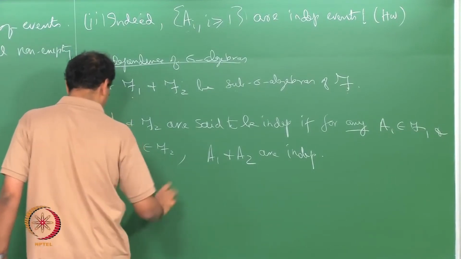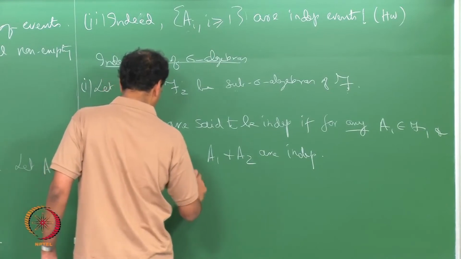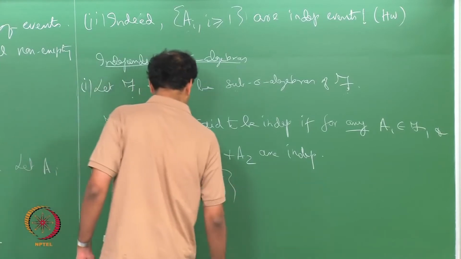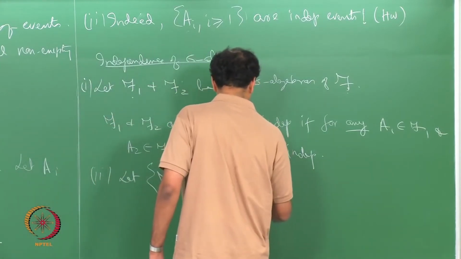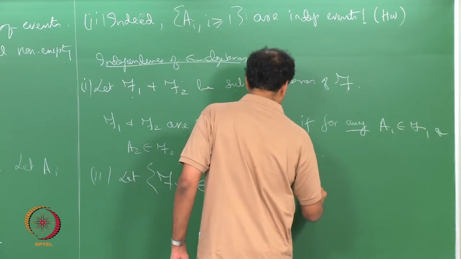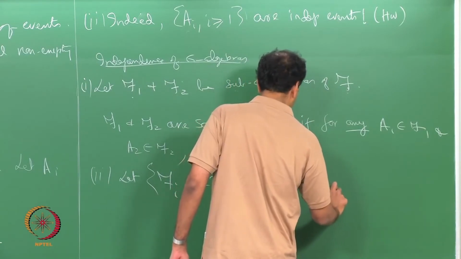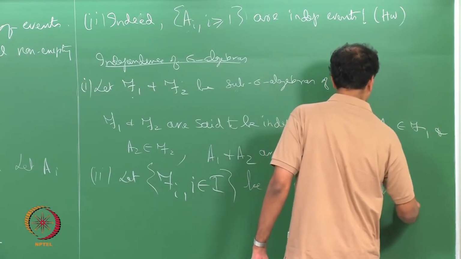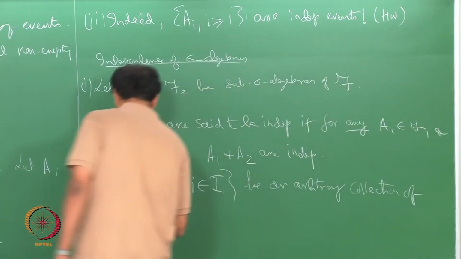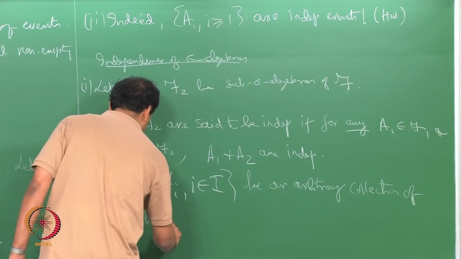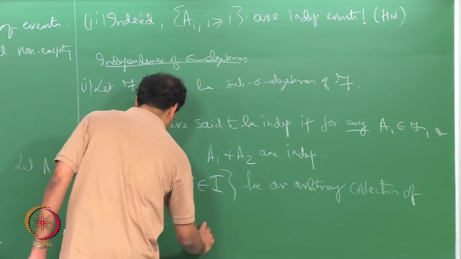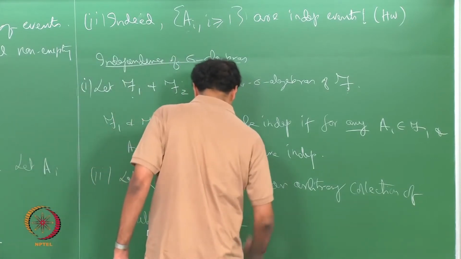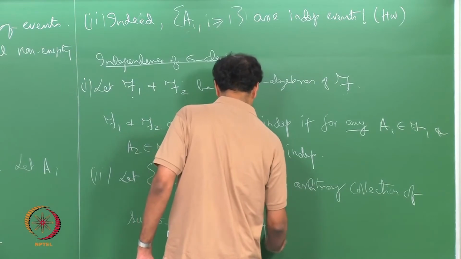Let Fi, i belongs to I, be an arbitrary collection of sub sigma algebras of F.